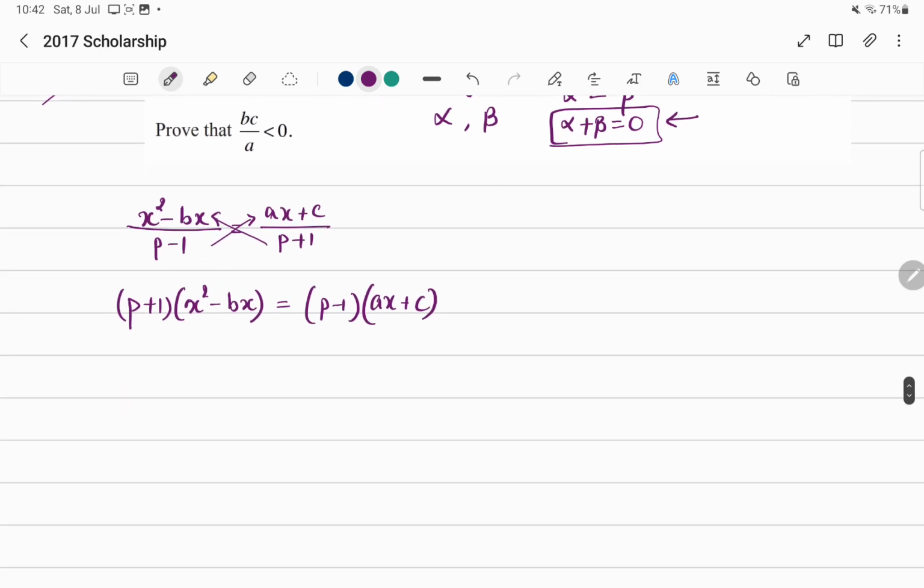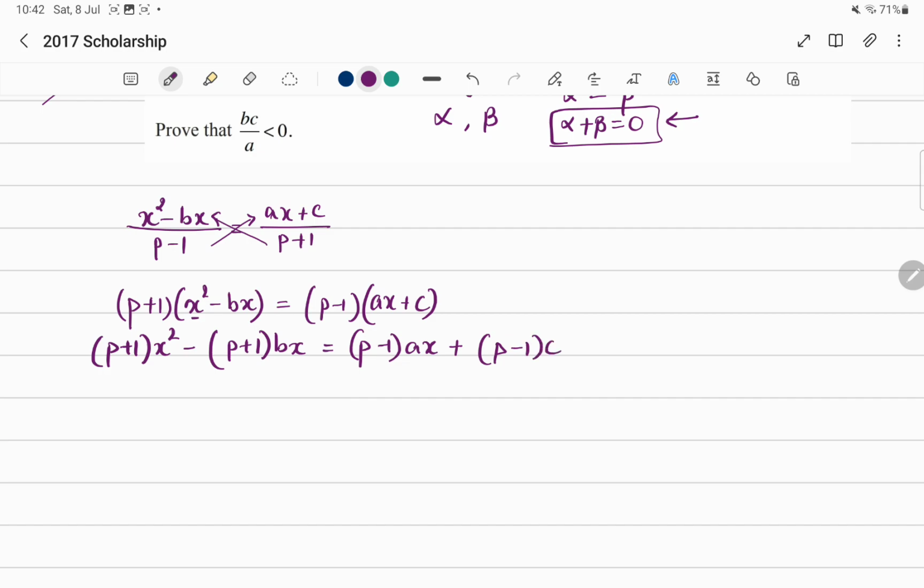You can expand the brackets, or it's just easier because there's only one x squared, so I will keep it as (p plus 1)x squared minus (p plus 1)bx is equal to (p minus 1)ax plus (p minus 1)c.